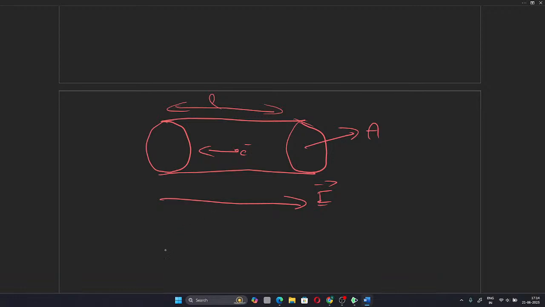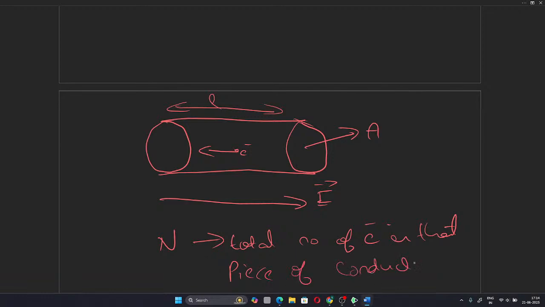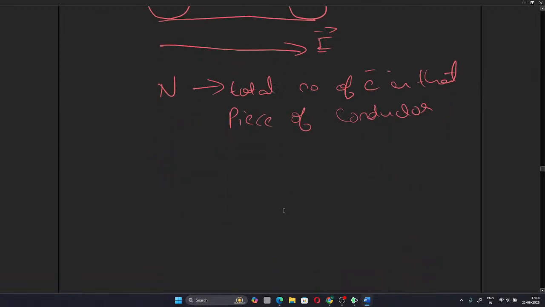Capital N is the total number of electrons in that piece of conductor, and small n be the total number of electrons per unit volume of conductor.